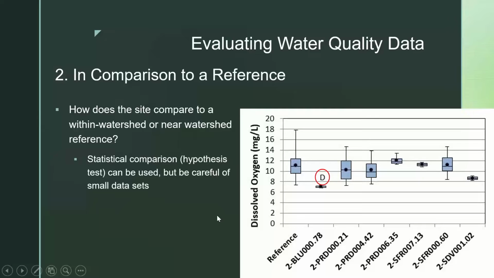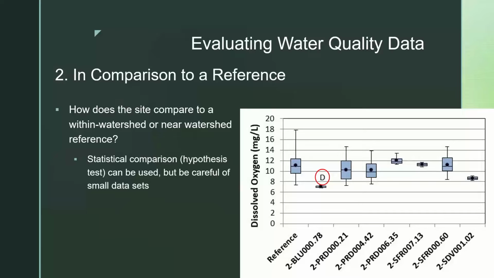Next thing you might want to do is compare. Now that you have data analyzed by site, you might want to compare with that reference. Again, this could be a within-watershed reference, or maybe a regional reference that's near the TMDL watershed that you're dealing with.